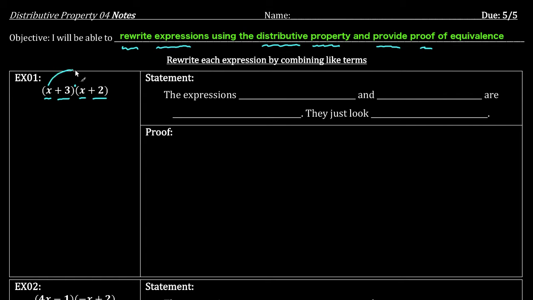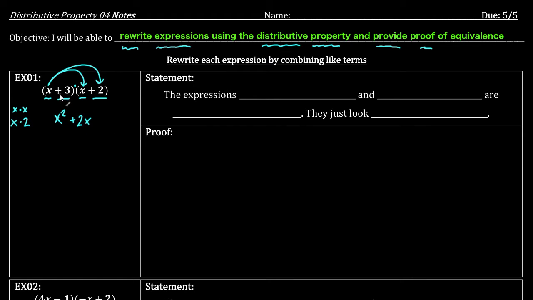So, x times x, and we get x squared. Let me write that a little bigger: x squared. And then we do x times positive 2. A positive times a positive is a positive, so that's positive 2x.